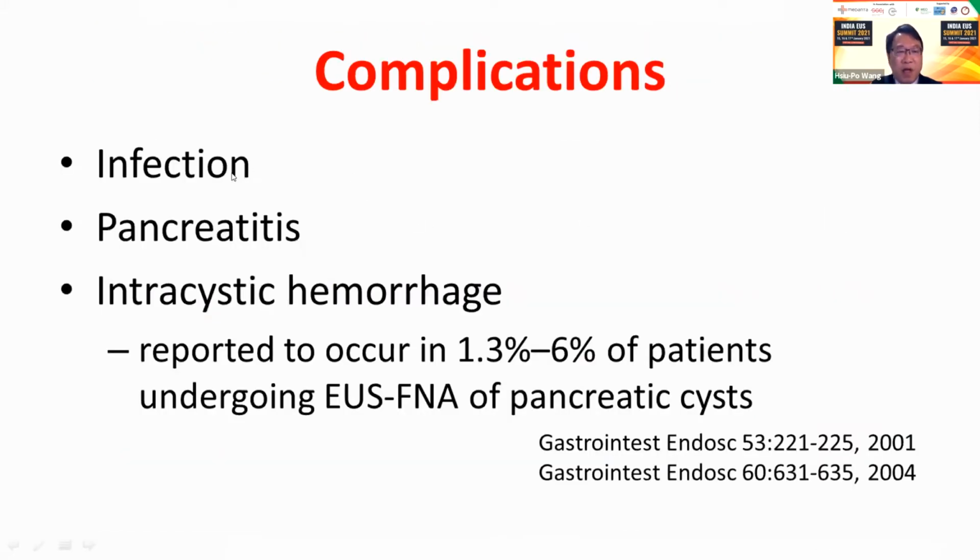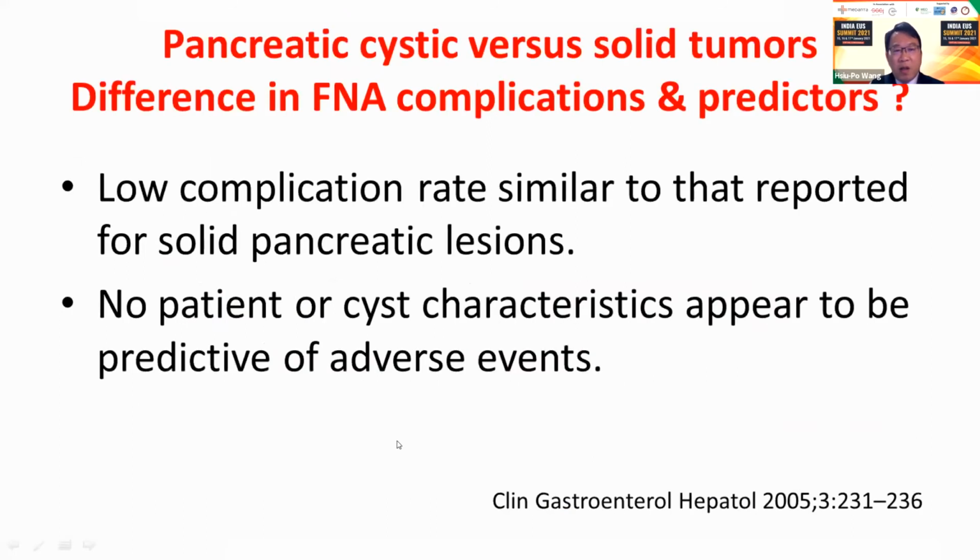About the complications, they include infection, pancreatitis, and the very important intracystic hemorrhage, which have been reported occurring in 1.3 to 6% of patients. A study compared the complications with solid tumors, and the complication rate was similar.